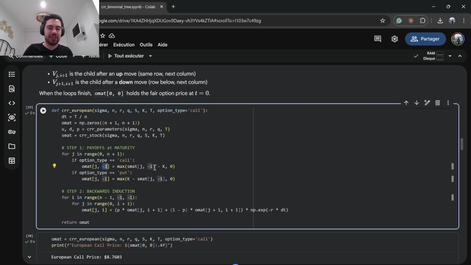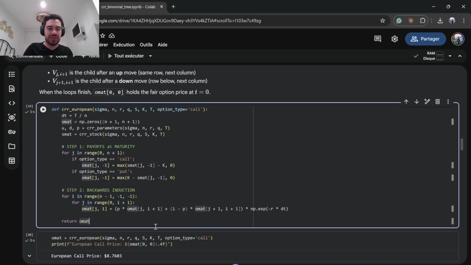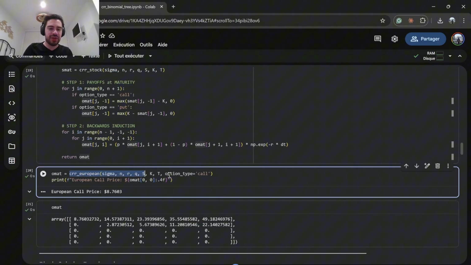And as soon as I get the option price, I'm going to do the backward induction. This is a loop, and basically what it's doing is drawing the option price in each node of the stock price. Here I have the option matrix, I put it in this function here, and I get the European option price. How do I do this?